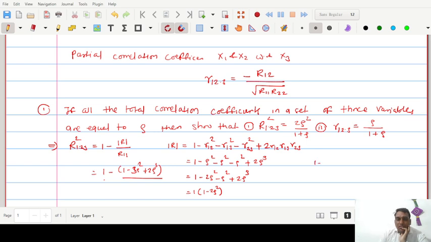1 minus R23 square, since capital R11 has the formula 1 minus R23 square, which is equal to 1 minus rho square.